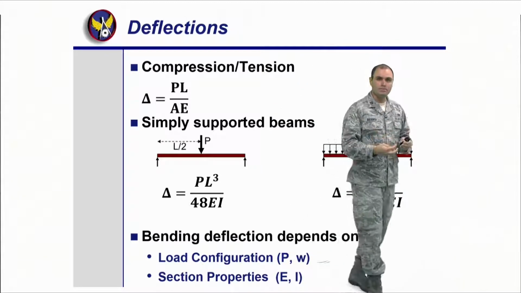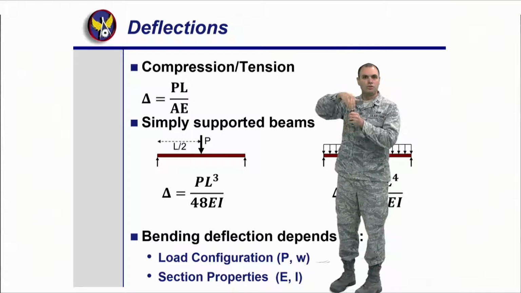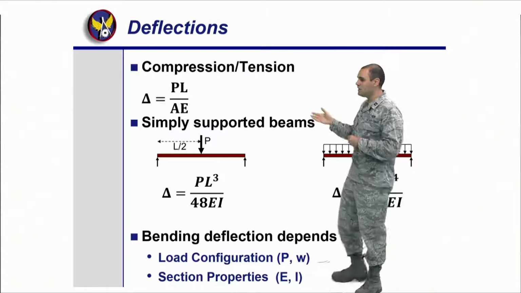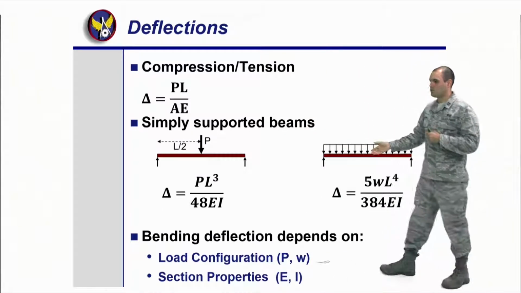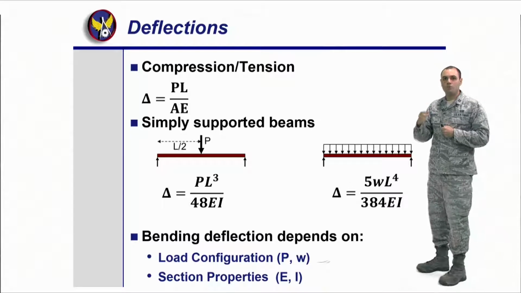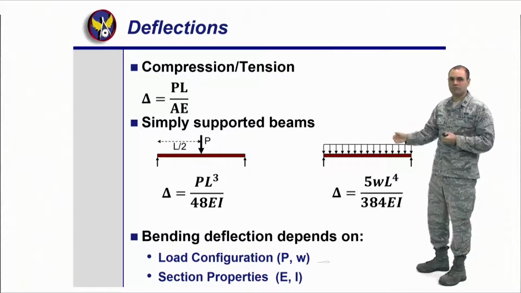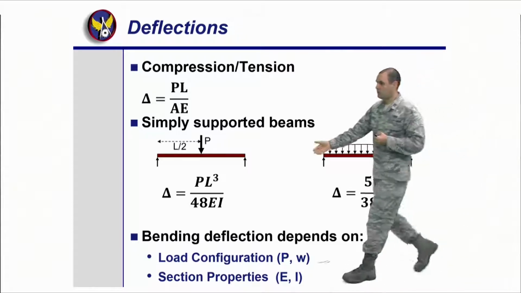When you look at beams, it's a little bit different, all right? In compression, it's pretty simple. Usually there's just a load on the top, makes it easy. But when you look at beams, well, I may have a point load in the middle. I may have a distributed load throughout the whole beam. And as you can see, the delta changes. However, what doesn't change is the main four factors. I got the force. In this case, it's going to be W because it's distributed, or P over here.